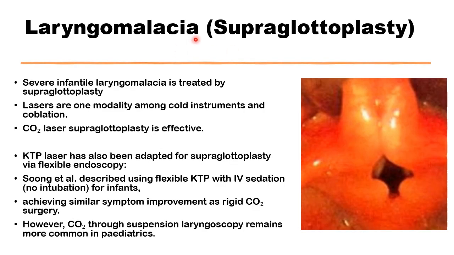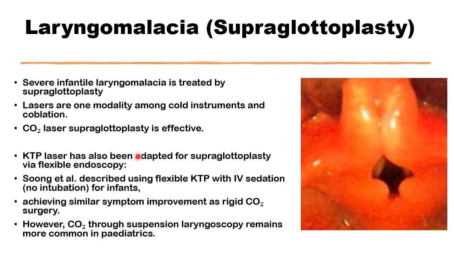The surgical management of intractable severe laryngomalacia is supraglottoplasty to correct the anatomical abnormalities. Usually carbon dioxide laser is used, and it is effective in sorting out the airway obstruction.